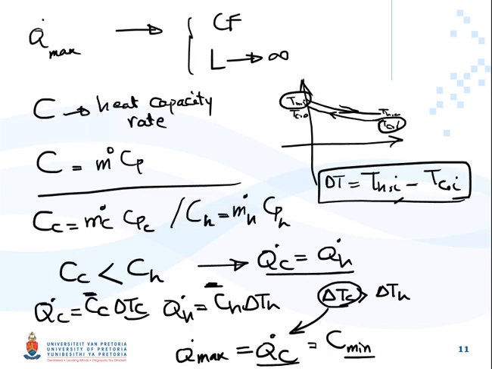Why the minimum heat capacity rate? Because we talked about it here. When the heat capacity rate is lower, then the temperature difference is higher. So Q dot max will be C min times Th in minus Tc in. Okay.